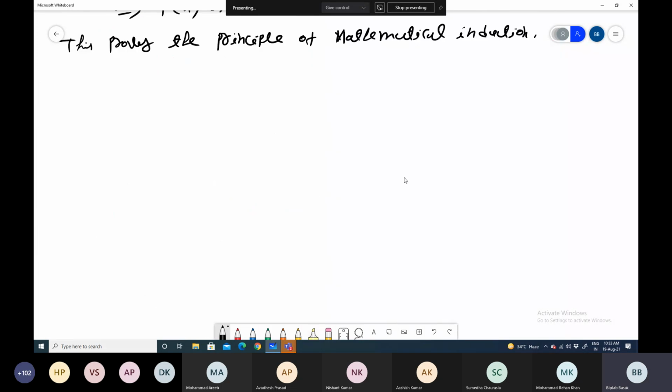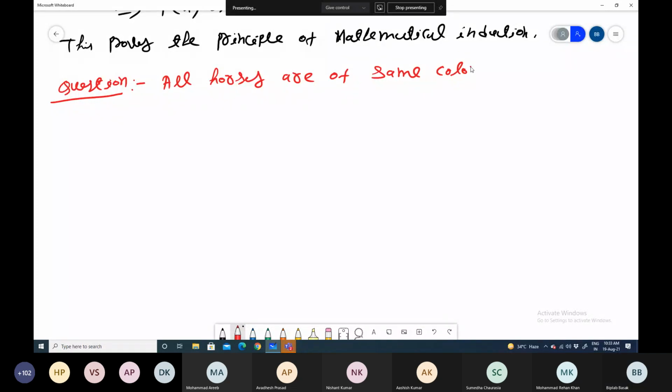So the question is, we will prove that all horses are of the same color. Okay, so we will prove that. So we will prove by mathematical induction.